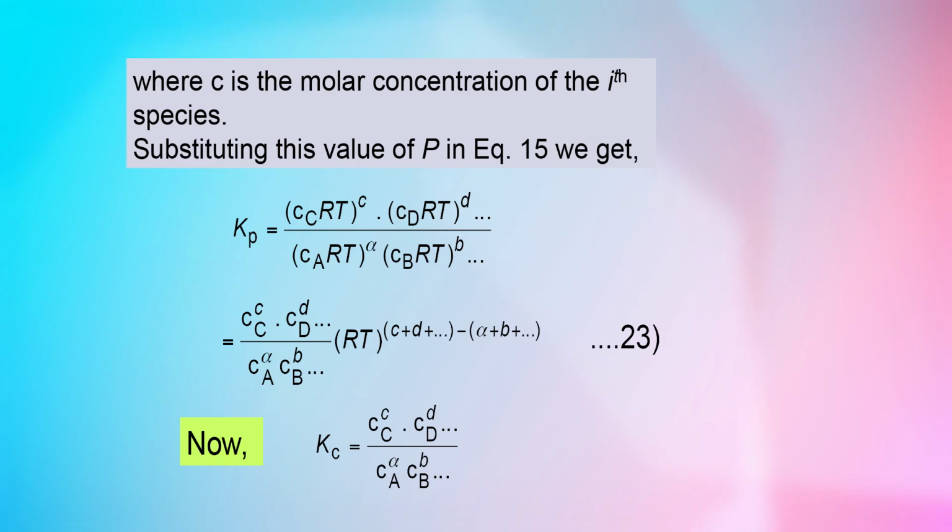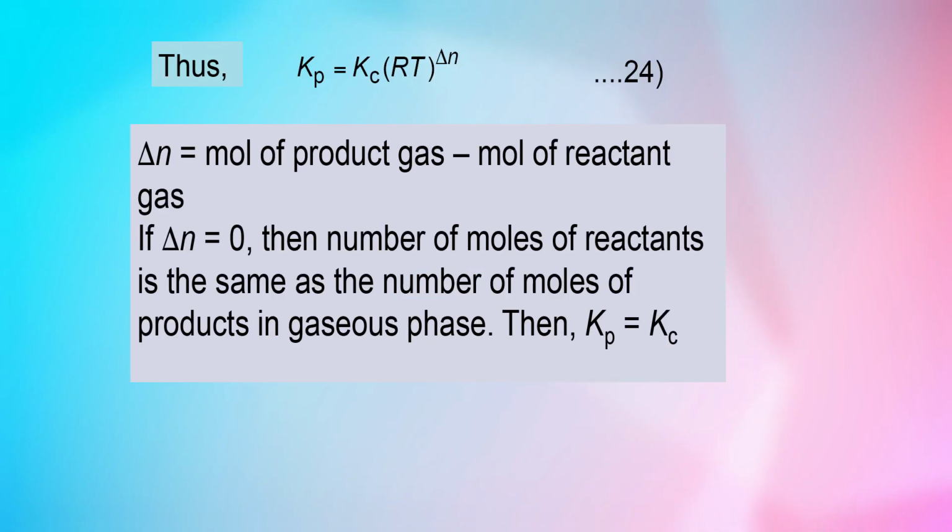Nothing else but the C plus D minus alpha plus B, which is the change in the number of moles, that is del N. It is equal to the mole of product gas minus mole of reactant gas. Now, if del N equal to 0, then number of moles of reactants is the same as the number of moles of products in gaseous phase, and then you will get Kp equal to Kc.